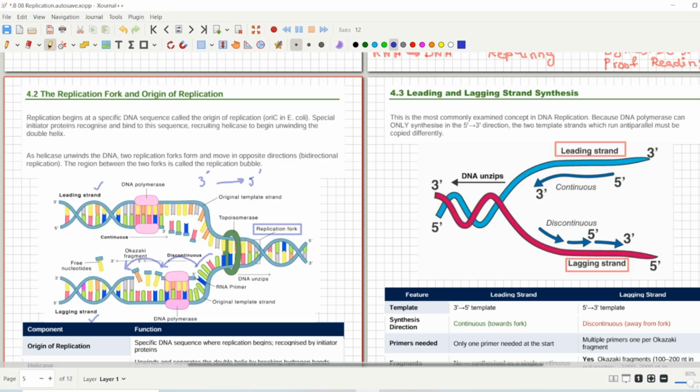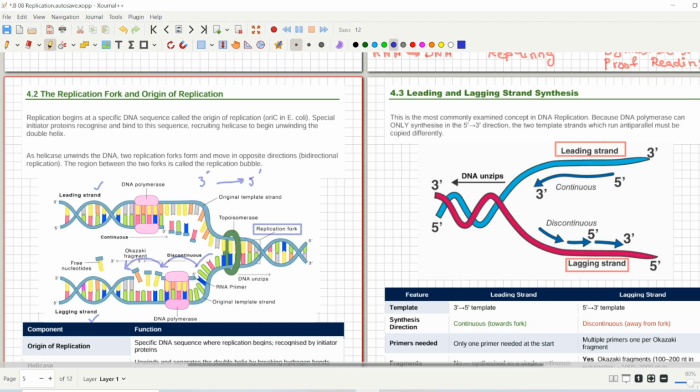Because of these jumps, you will have discontinuous fragments here. The template is going away from the replication fork. If it is going away from the replication fork, then it will have specific hurdles in its path, because it is not going towards the replication fork but away from it. So it will have to jump over these hurdles, and because of these hurdles you will have specific gaps in the strand, and these fragments are called Okazaki fragments.